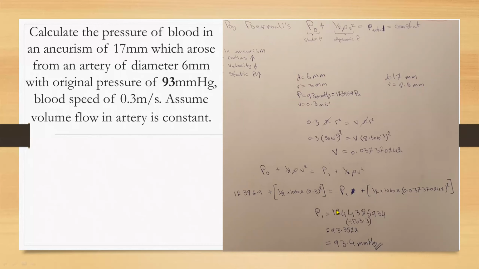Anyways, here we find the answer according to our previous Bernoulli's equation, which is P plus half ρv square is constant, and we replace those values. And here we get the final answer, with 93 in millimeter of mercury. So here we would have to convert unless we were told something else.